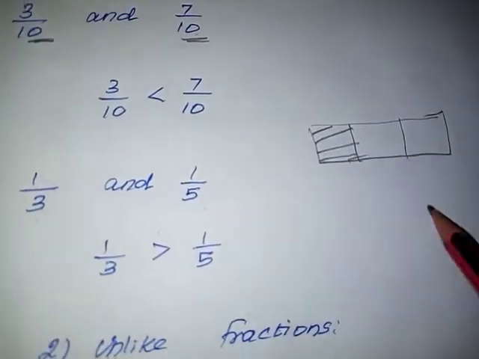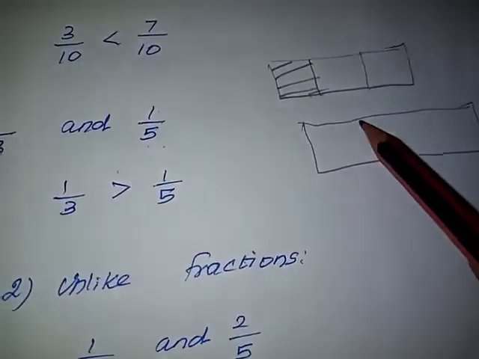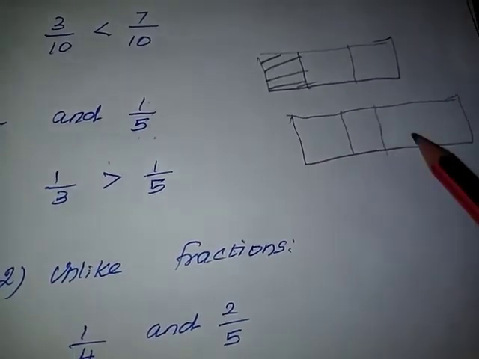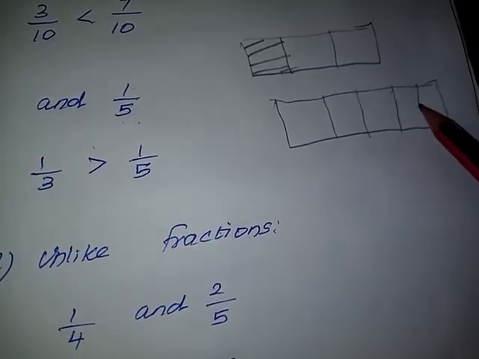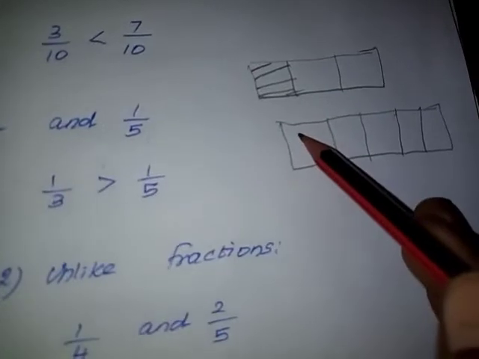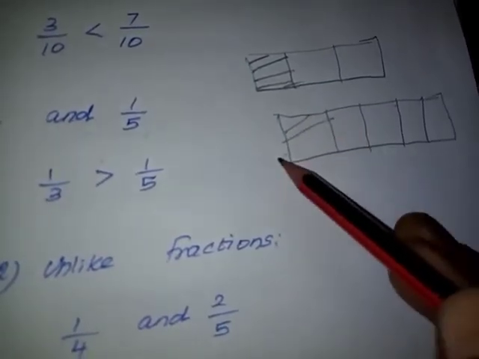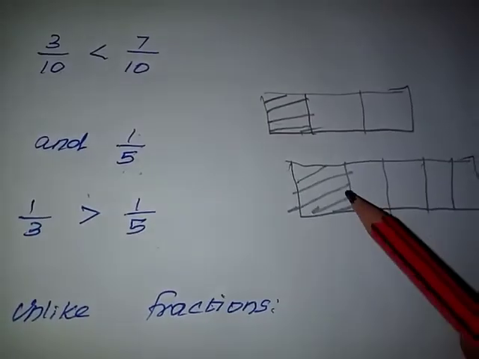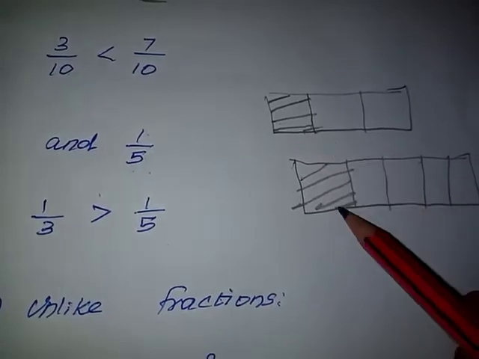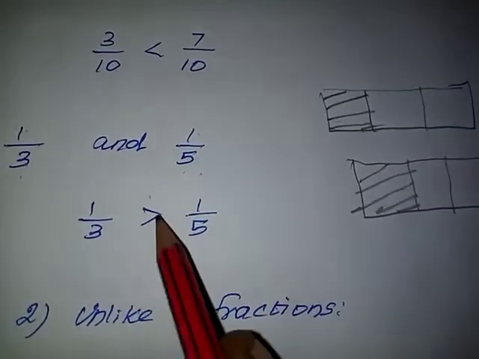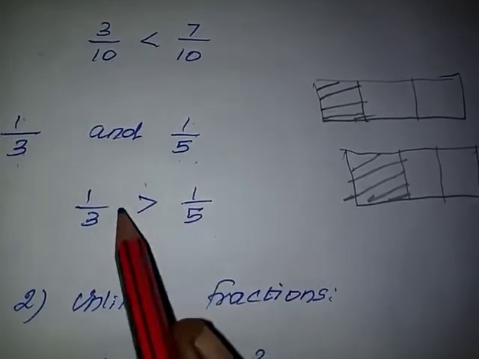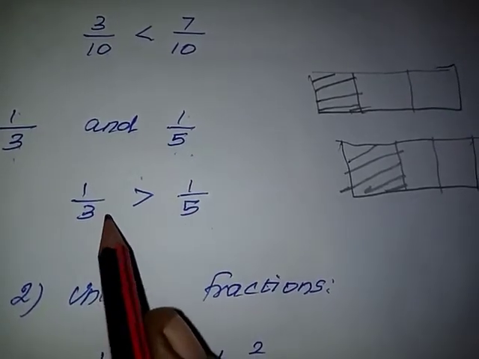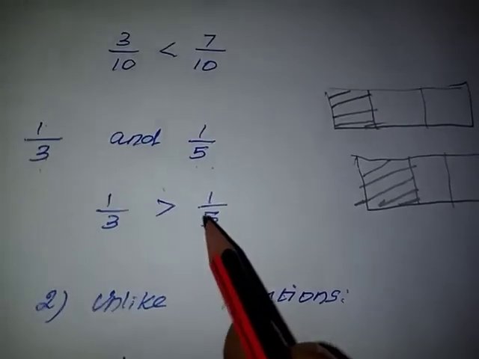The second fraction, the whole is divided into 5 parts: 1, 2, 3, 4 and 5. So we can take one part. So from this diagram we conclude 1 by 3 is greater than 1 by 5. So if the numerators are the same, the fraction with the smallest denominator is the greater value.